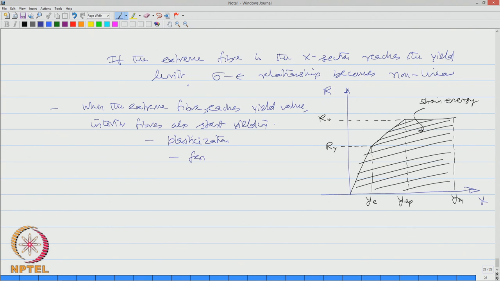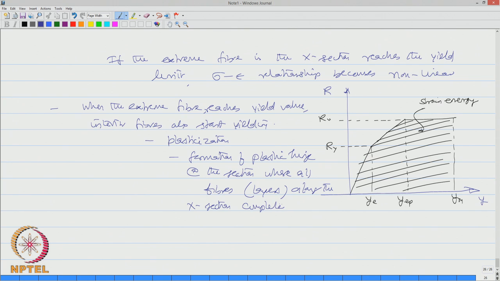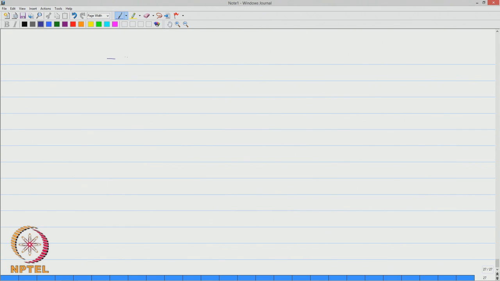This will result in formation of plastic hinge at the sections where all fibers or all layers along the section are completely yielded. At this stage, rupture will be initiated.